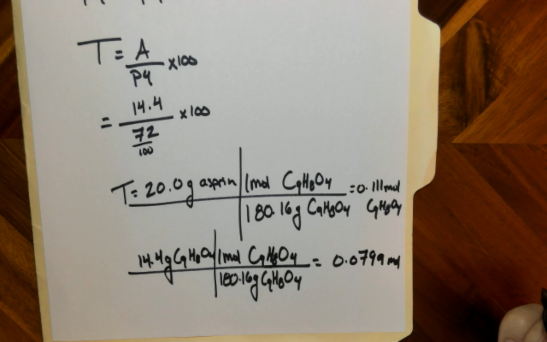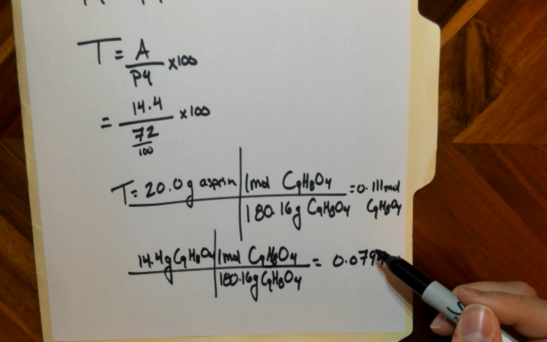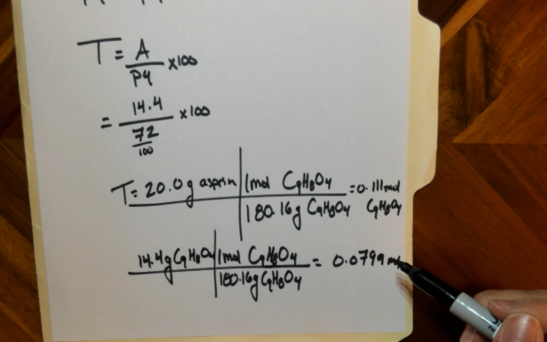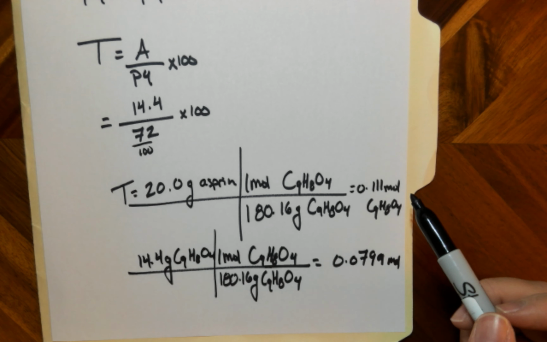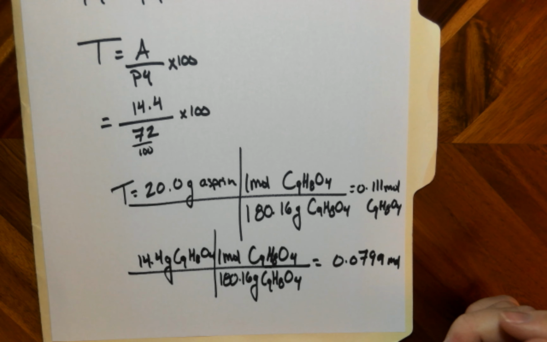Great. The cool thing about this is that we can actually divide these to get the same percent yield. So if I take 0.0799 divided by 0.111 times 100, I'll also get 72%.